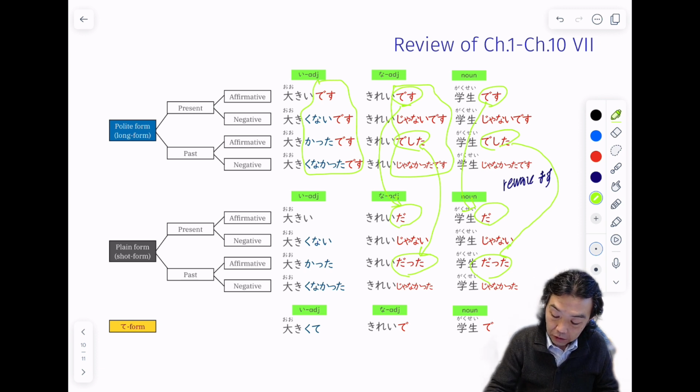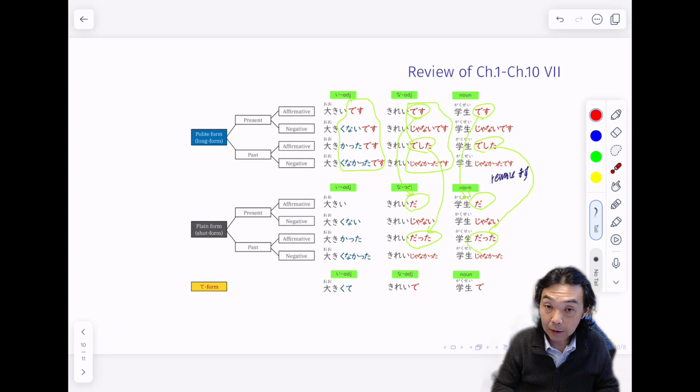Okay. So this is pretty much the complete review of the verb conjugations and the noun and adjective conjugations. We are going to have a few more conjugations added to this list, but they are quite simple. It's not as complicated as some of the things we talked about already. Usually you just have to know one single rule, and then you can generate a new form.